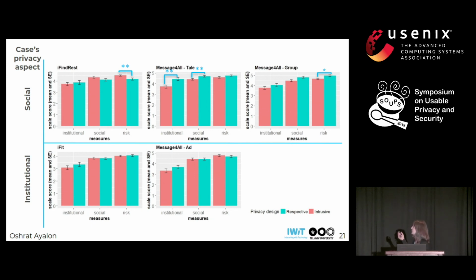We also had an example in which we found a significant difference between the designs in the risk, but in this case, the participants found what we considered a respectful design as the riskier design. As for institutional aspects, we did not find a significant difference for any of the subscales.